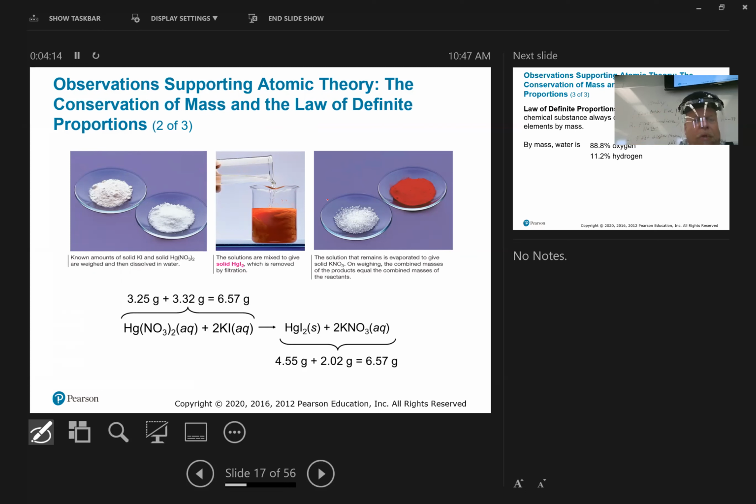So for example, sodium plus chlorine will go to form sodium chloride. Okay, and basically these have to be balanced, and so then we'll get into that. But the key thing is sodium chloride is always that. That's the only compound that forms with sodium chloride. That is the law of definite proportions.